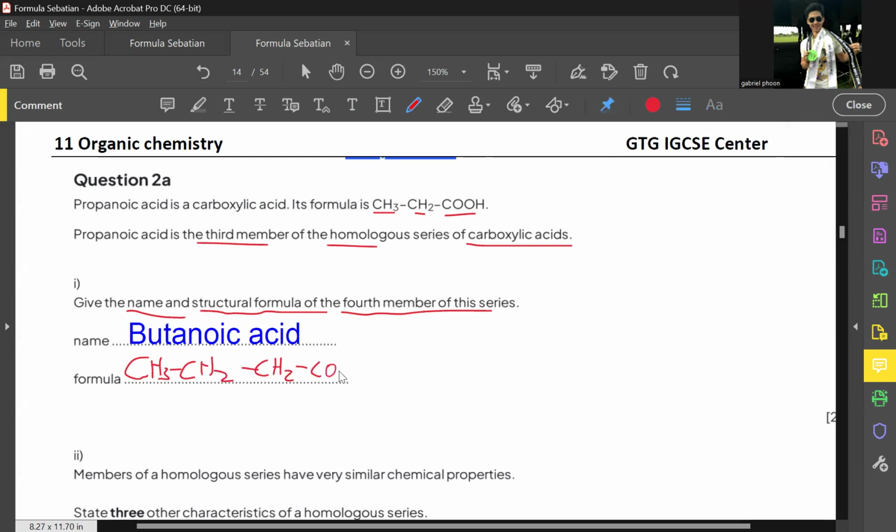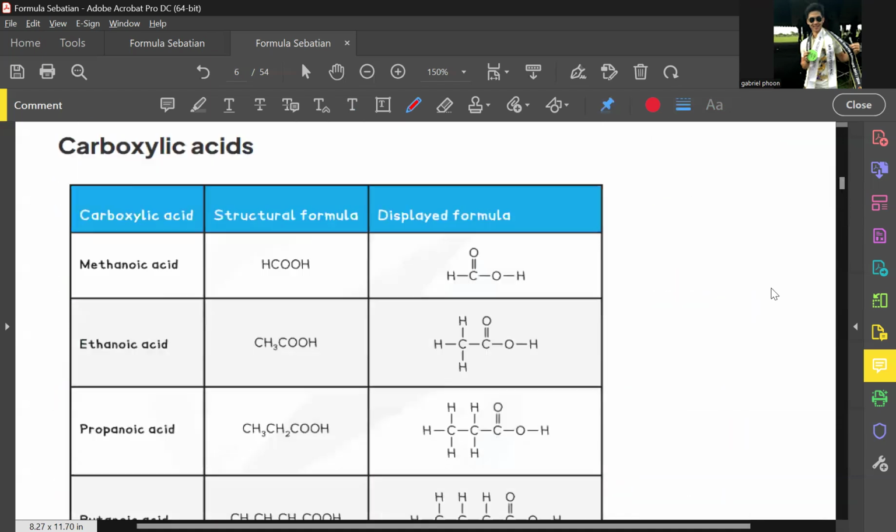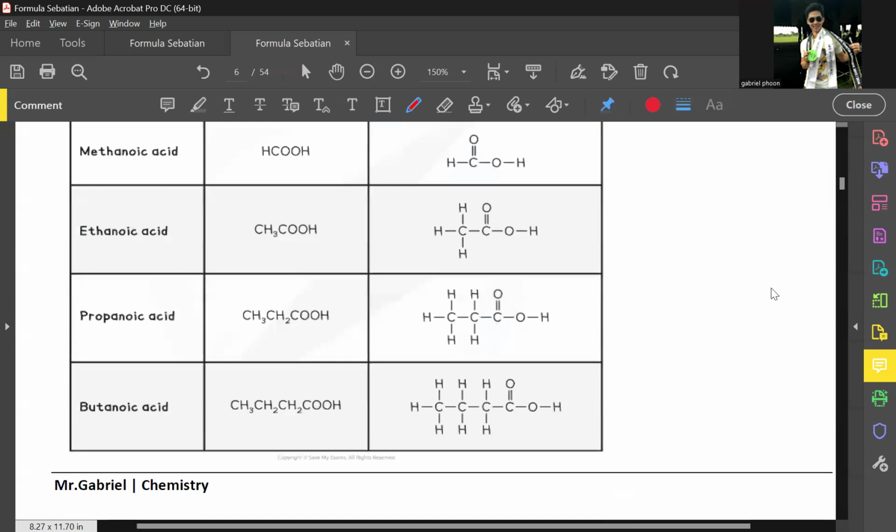Very good. So add only one carbon for the acid, only for the acids, nothing else. And for those who didn't know, you could have actually referred to the one on top. It's literally given to you already.